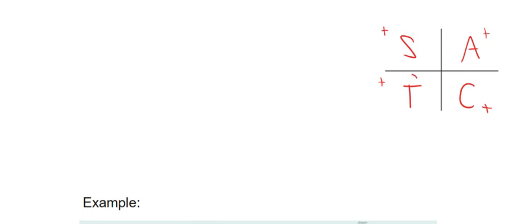Then this one here, tan is positive because there's a T, so cos and sin are both negative. And in the bottom right one, cos is positive, and sin and tan are both negative. So that's all you need to really remember for a second.